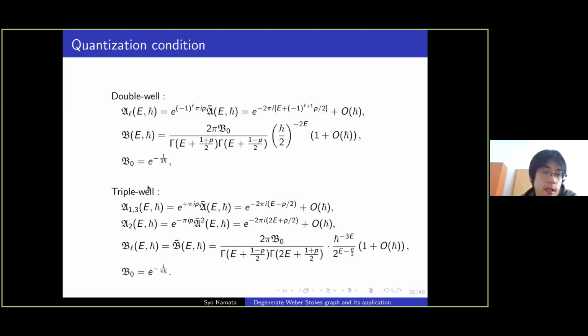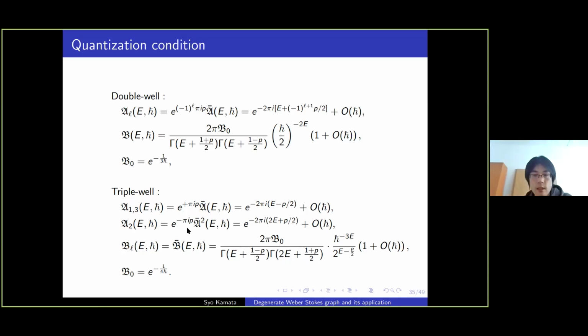And in the case of the triple well, the A1 cycle and A3 cycle are basically the same. But the A2 cycle, the central cycle, is a little bit different from A1 and A3. But in this case, this A2 can be written as A bar squared. So this can be checked by explicit calculation. And also, by using the definition of B bar, it can also be written in this form.